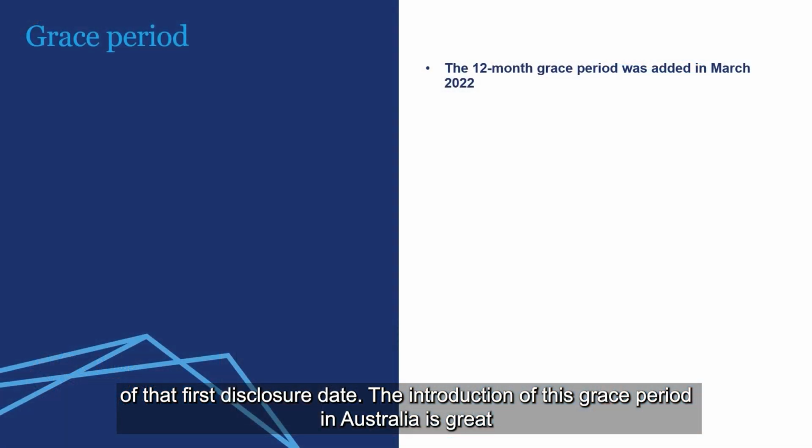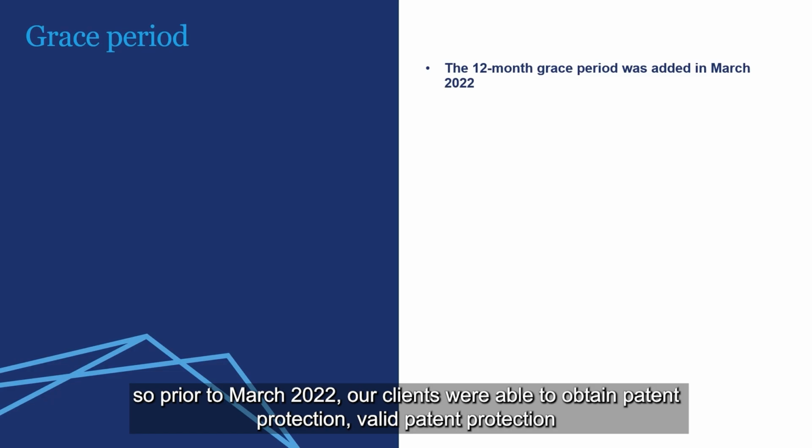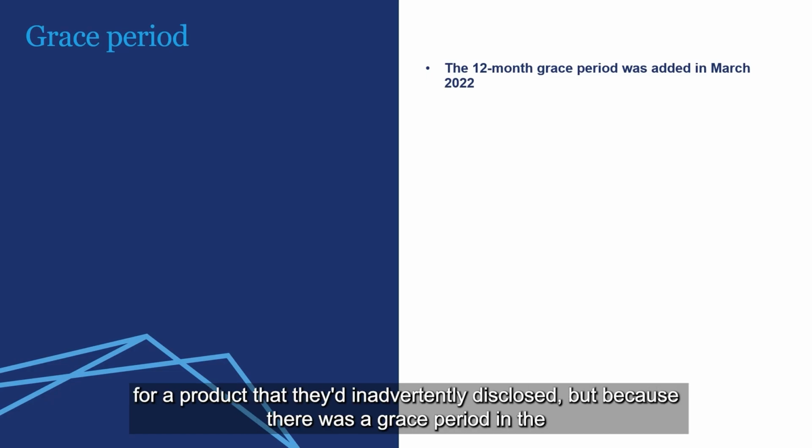And the introduction of this grace period in Australia is great for a couple of reasons, or many reasons really, but two that I can think of is that previously, so prior to March 2022, our clients were able to obtain valid patent protection for a product that they'd inadvertently disclosed.